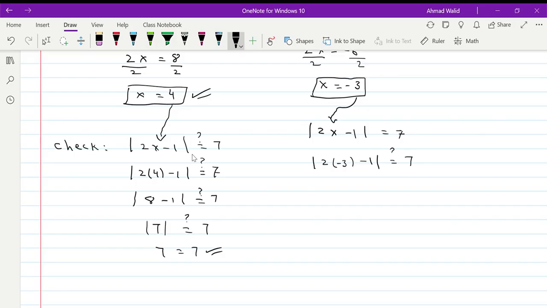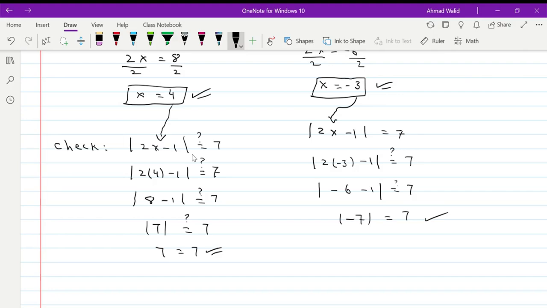Is this equal to 7? Absolute value of negative 6 minus 1. Is this equal to 7? Negative 6 minus 1 gives you negative 7. Is the absolute value of negative 7 equal to 7? Yes. Then x equals negative 3 is also the solution for your equation.